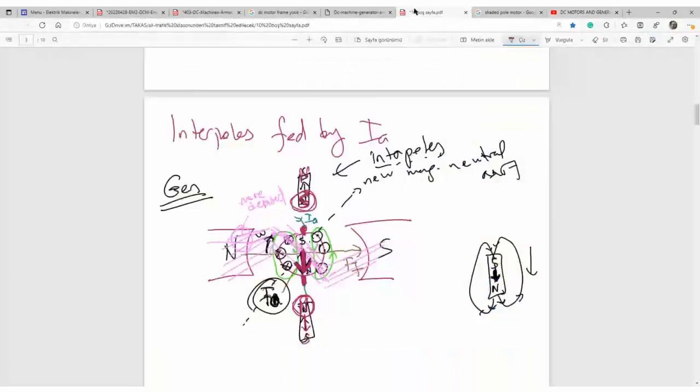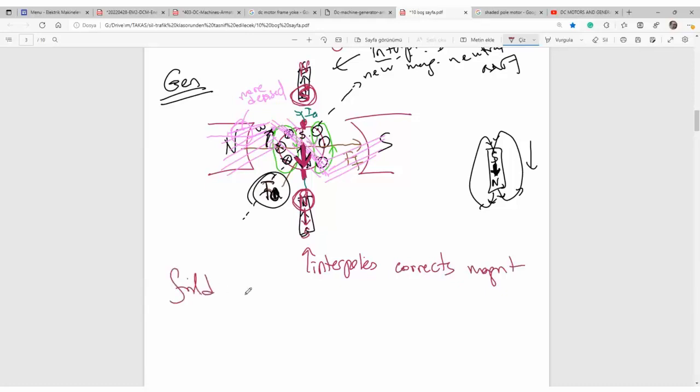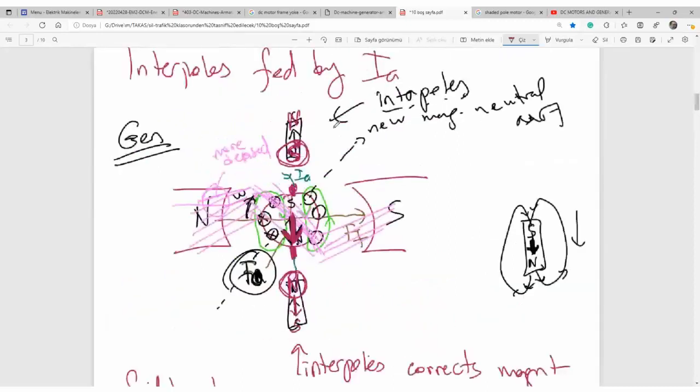The reason, this guy, interpoles, corrects magnetic field lines in the mid of armature. The correction is applied to the mid of the armature.